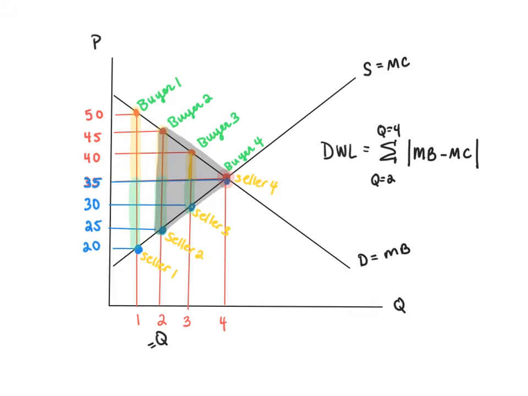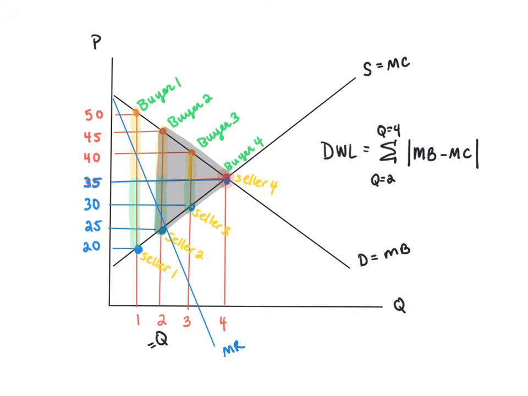Suppose what we're looking at is the demand curve faced by a monopolist and the marginal cost curve for the monopolist. Let's add to this graph the monopolist's marginal revenue curve. Remember, marginal revenue has the same intercept as the demand, but is twice as steep. Let's say marginal revenue for the monopolist looks like this.